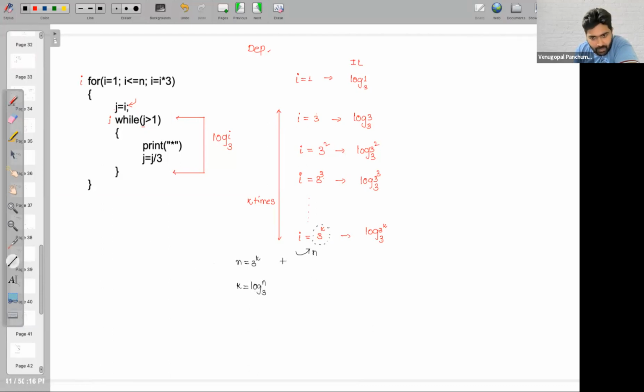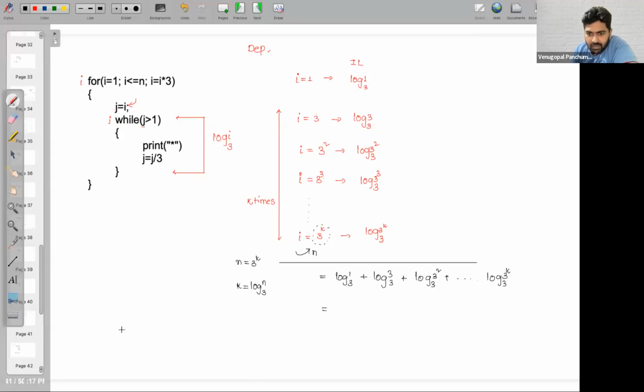Now try to add all these things. When you add all these things, what is it going to become? Log 1 base 3 plus log 3 base 3 plus log 3 square base 3 plus and so on, up to log 3 power k base 3. Now, what can we write? I think we can multiply everything.